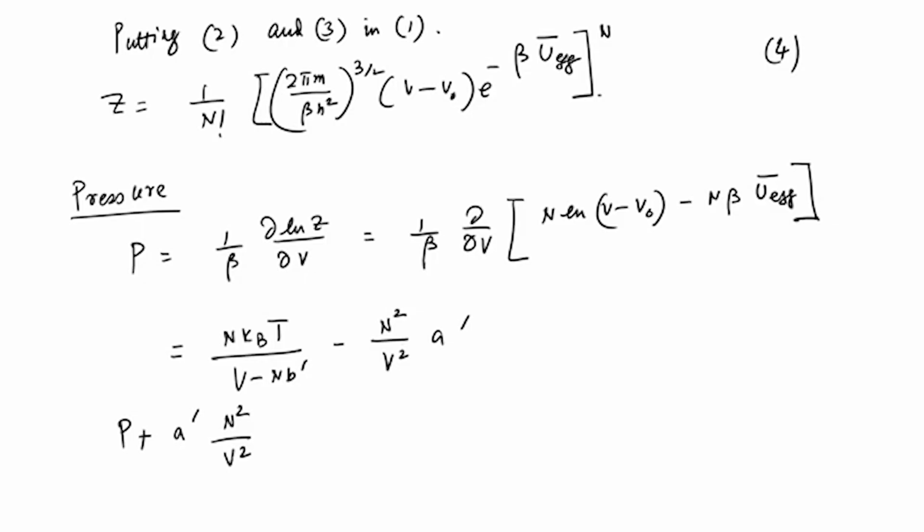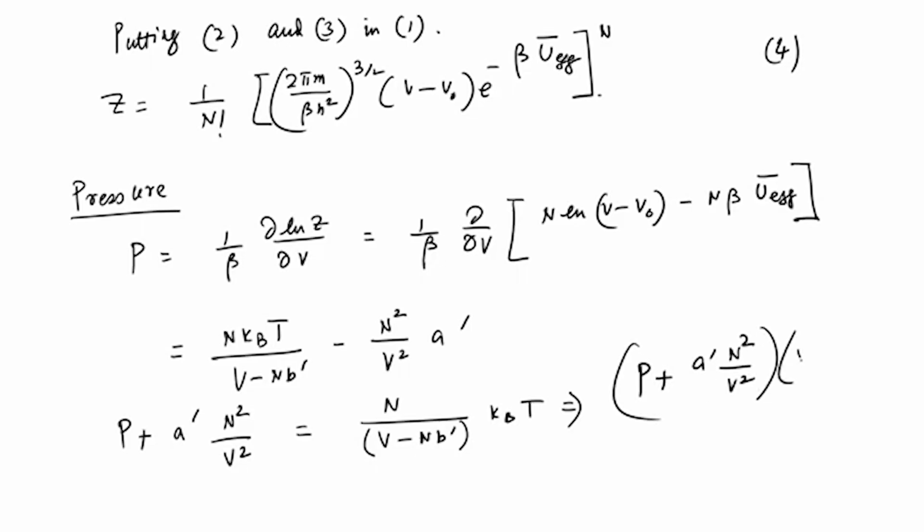I take it on the other side, which is equal to nothing but N divided by V minus N b prime and kT. So, we can take it to the other side, and that gives us P plus a prime N square by V square into V minus N b prime is equal to NkT.